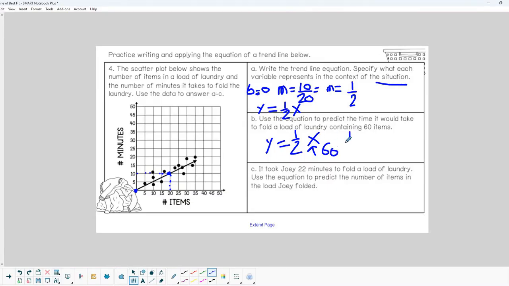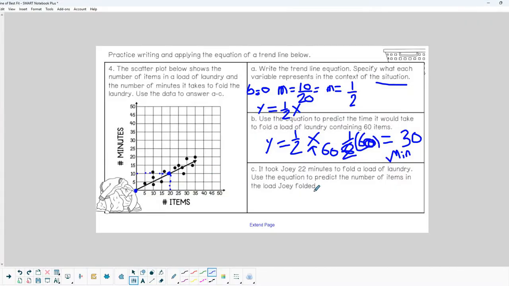So 1/2 times 60 equals 30. So to fold 60 items, it's going to take 30 minutes. That's what that amounts to.